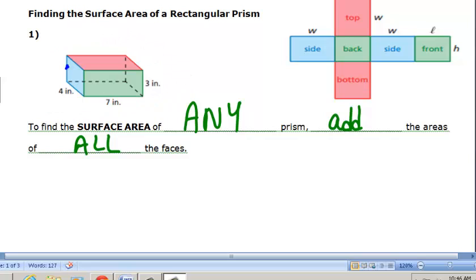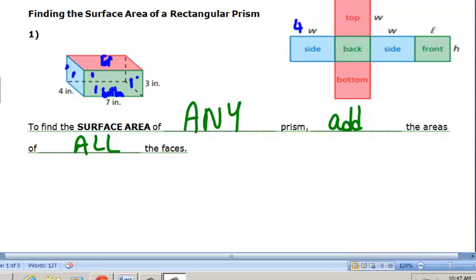Since we have a net on the right side here, I'm just going to fill in what these dimensions mean. That's your top, and then there is the bottom, which are the bases, and then these are the sides. This green one is the front side, that one is the back side, and this is another side. So you have 4 sides and then the 2 bases.